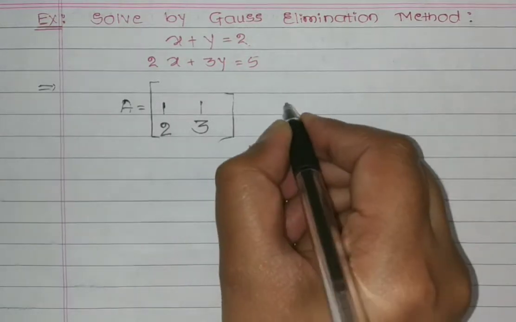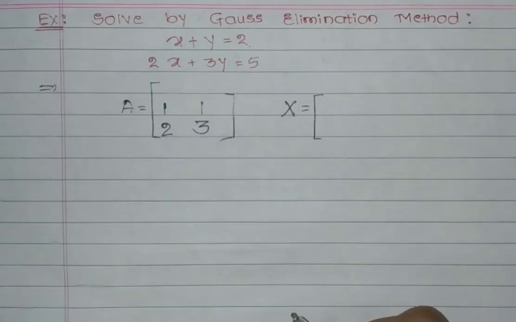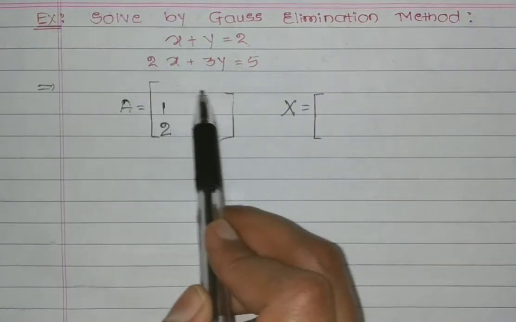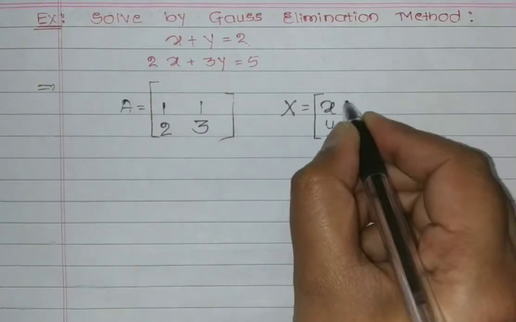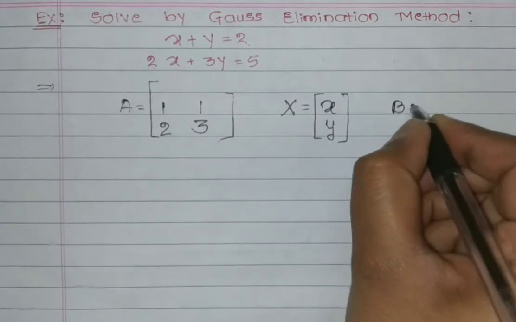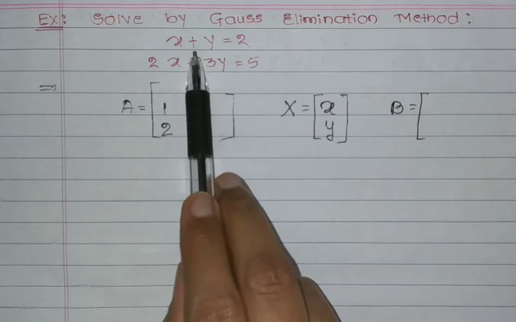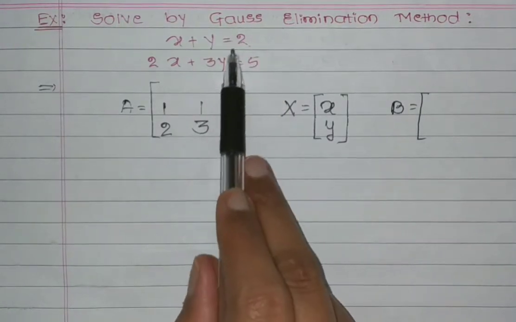Then next we have to write matrix X. Matrix X is always the matrix of variables. In this equation, the variables are x and y. Next we have to consider matrix B. Matrix B is whatever constant terms we have on the right side of the equation.